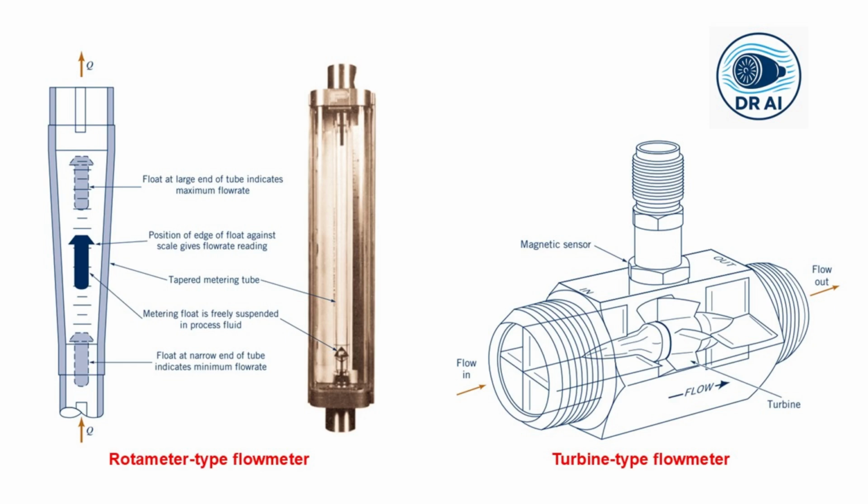Faster flow means faster spinning. The rotation is detected magnetically. A pickup coil senses the passing of the blades and generates a pulse. By counting the pulses per second, you get the flow rate. By counting the total number of pulses, you get the total volume.